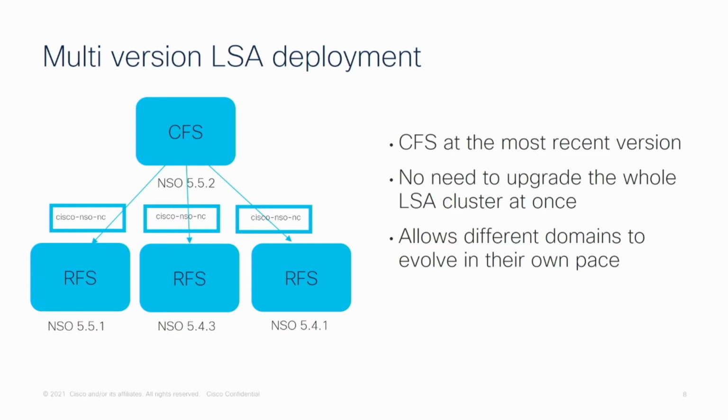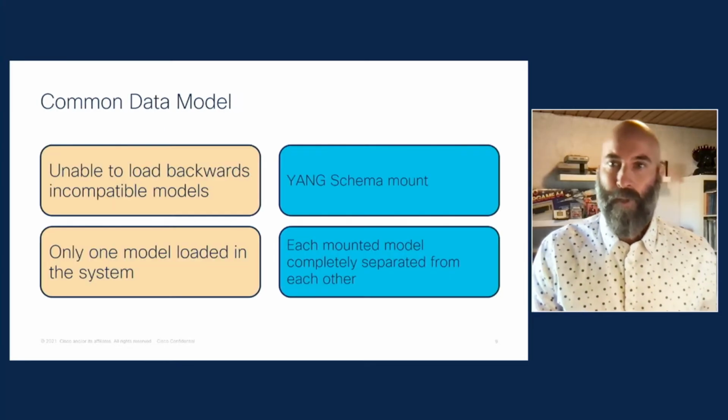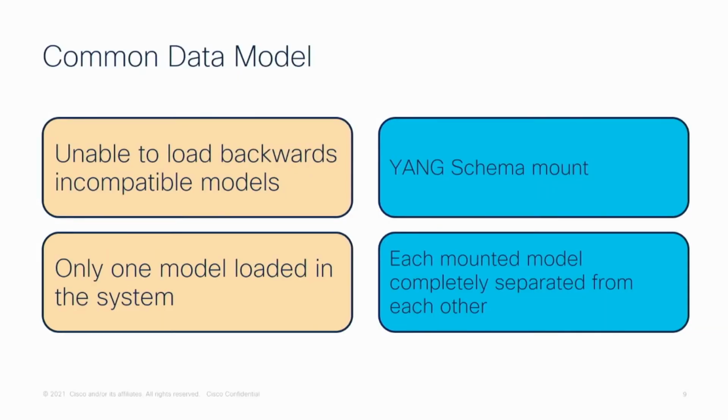This was possible due to one of the major changes in NSO, which is called the common data model. The common data model is basically solving a problem of being unable to load backwards incompatible models. Previous to NSO 5, we can only load one version of a specific model.